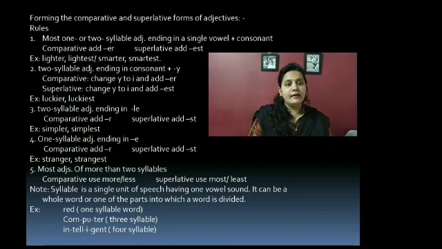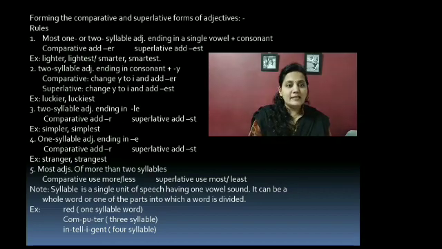For example, red, R-E-D, has one vowel sound, so it is a one syllable word. Then next one is computer, com-pu-ter. These are three syllables, so it is a three syllable word as it has three vowel sounds.